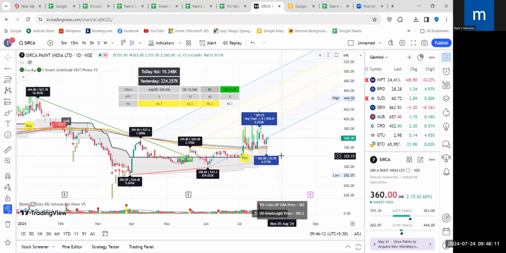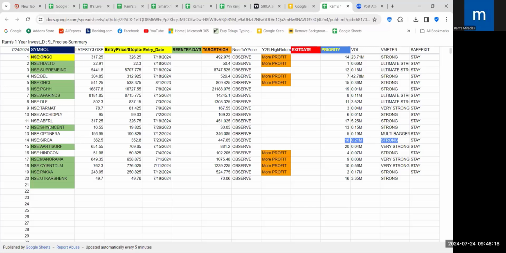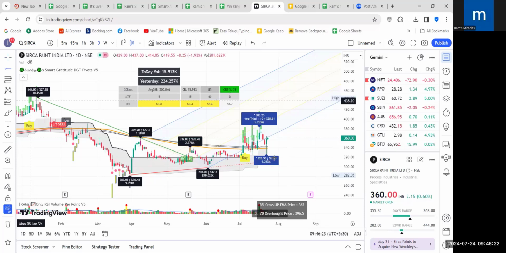According to the RAM's 1 year investment, this has filtered at 352.80. So first mark this 352.